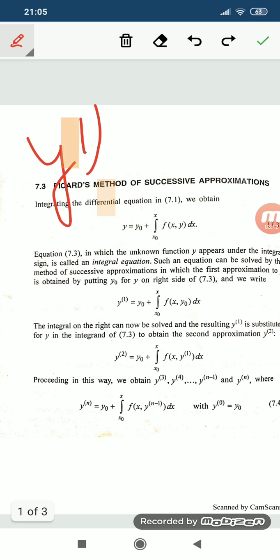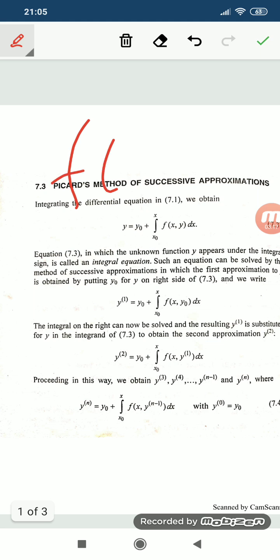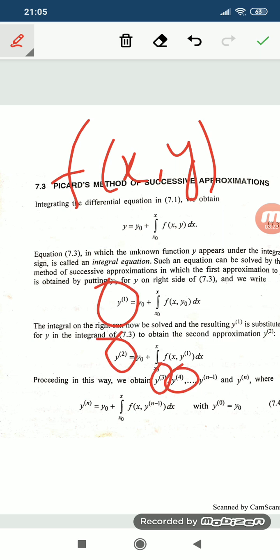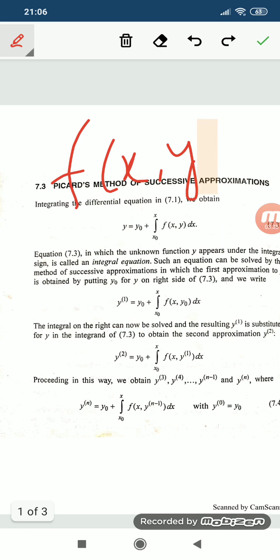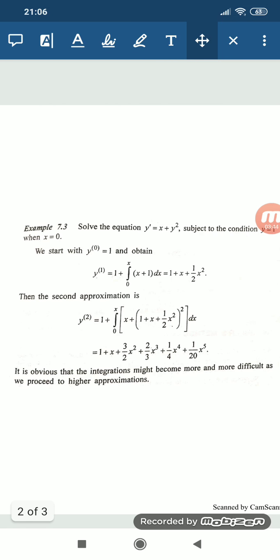If this given function f(x, y) satisfies this Lipschitz condition, then the approximations y1, y2, y3, and so on will converge to your required solution. We are not going to talk about the Lipschitz condition or verify all this, but we are simply going to illustrate the method using an example. So let us look at an example and see whether we can understand the method.